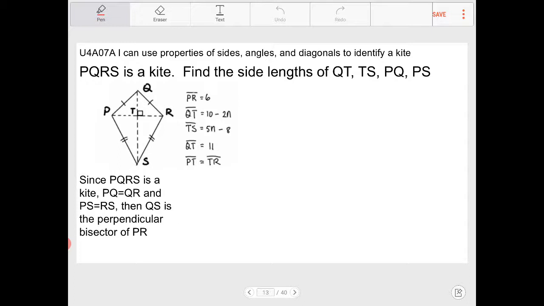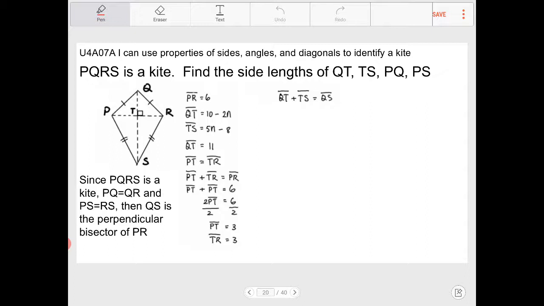I know that PT is equal to TR. So therefore PT must be half of PR, which is going to be 3. So if PT is 3, or TR is equal to 3, I also immediately recognize that QT plus TS is equal to QS.